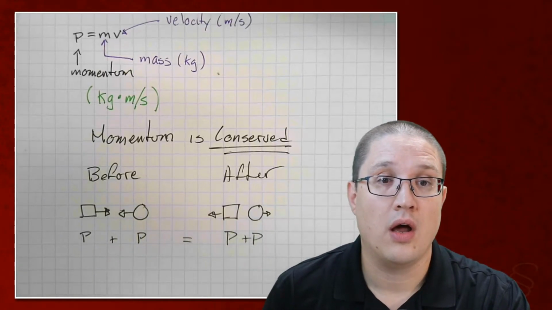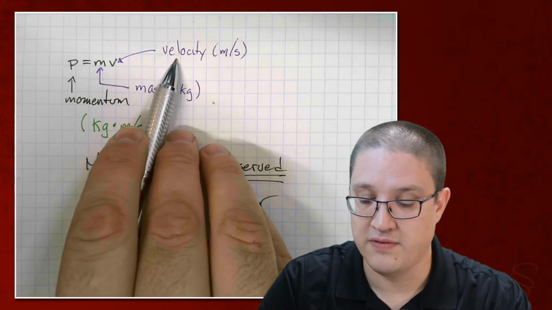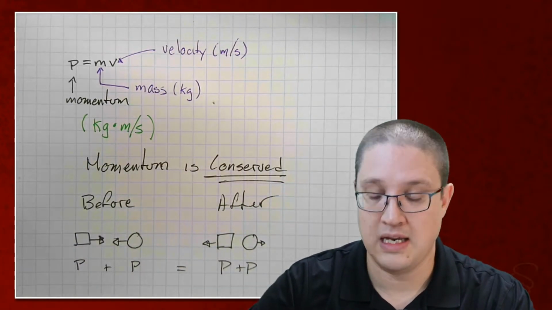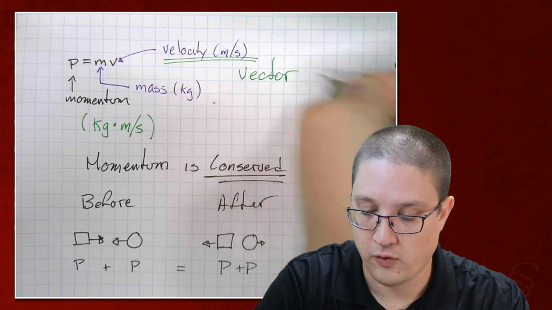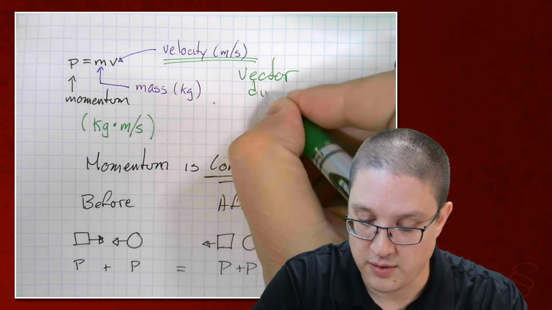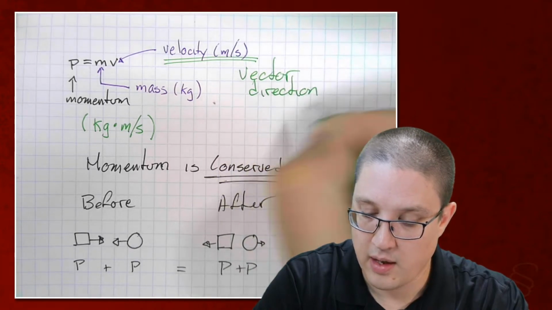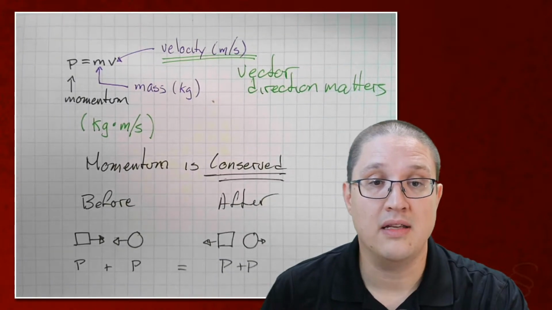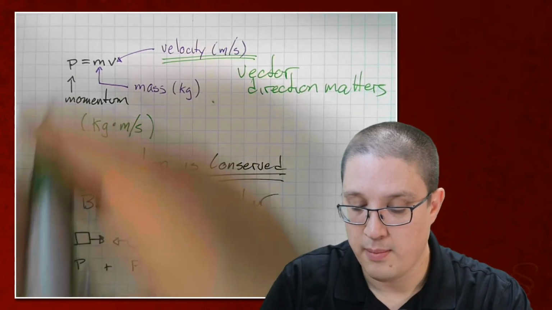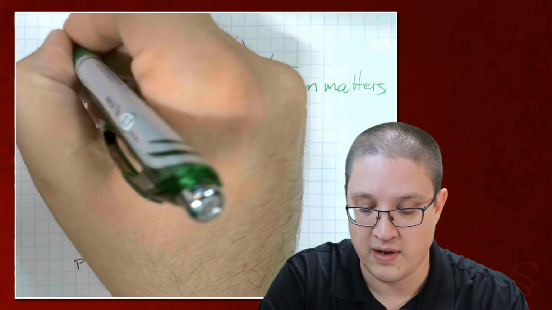Now note, momentum here has velocity in it. Velocity is a vector quantity, which means that the direction matters. Because velocity is a vector, momentum is also a vector.